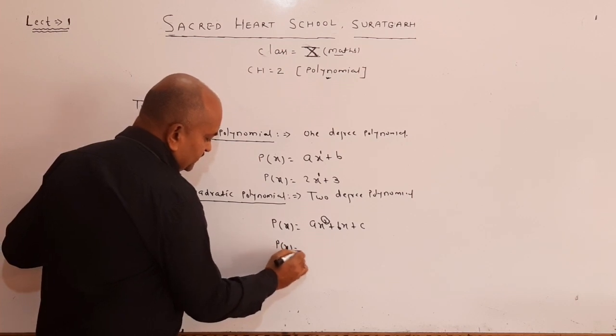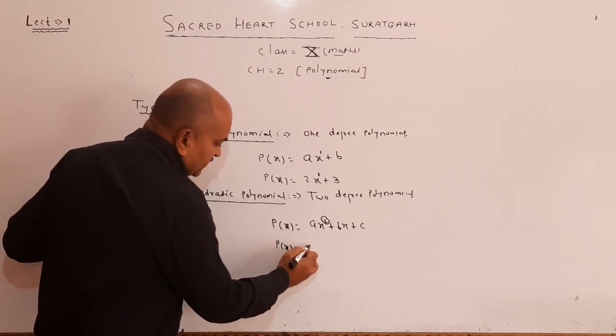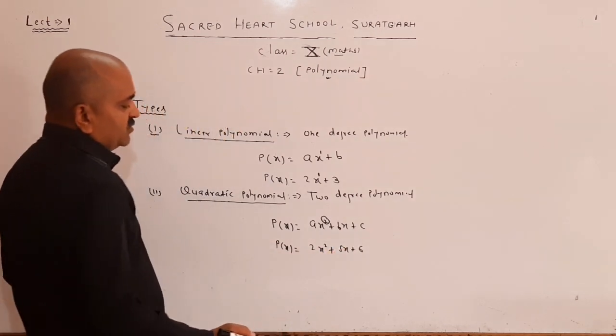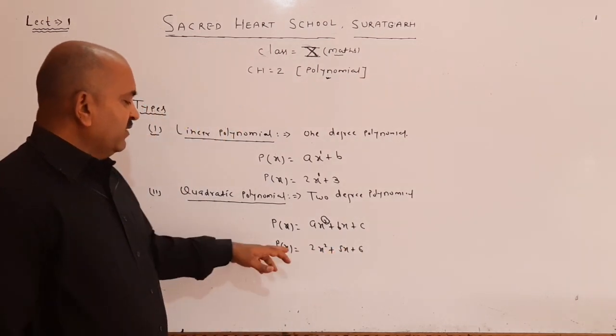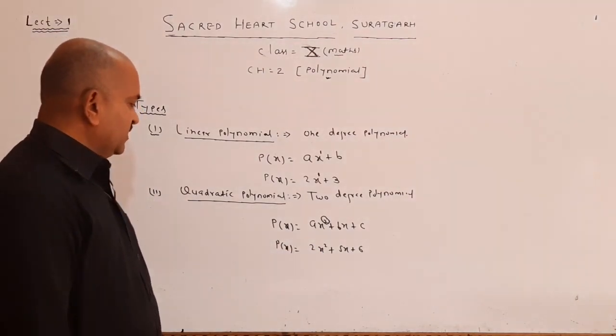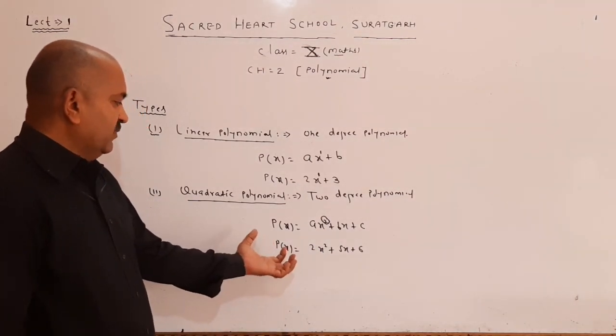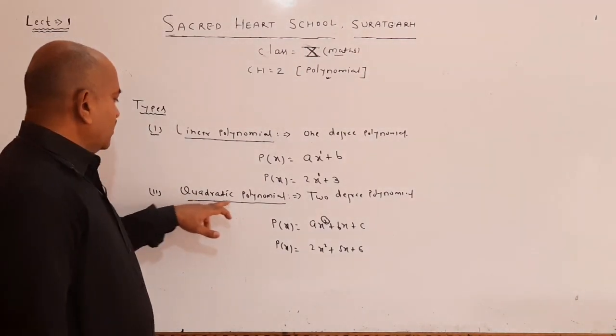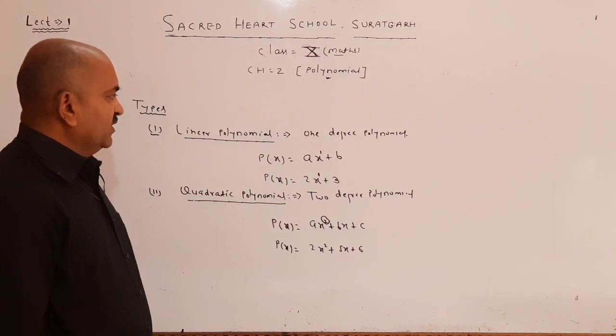Another example, 2x square plus 5x plus 6. The highest power of the variable is 2, so this expression is a quadratic polynomial. After that, students, our second topic, quadratic polynomial, is complete.